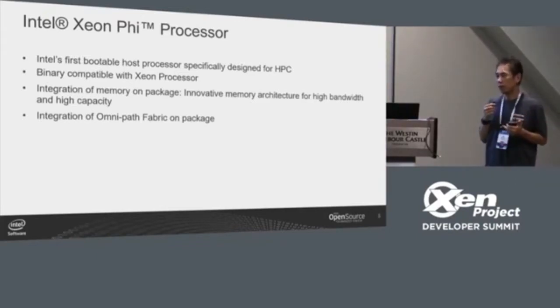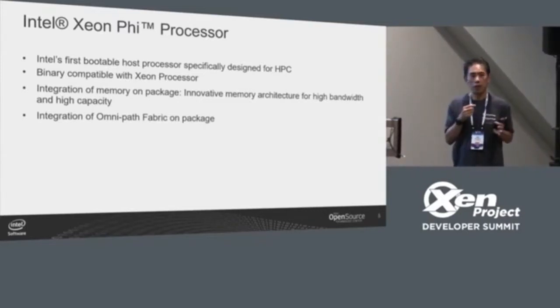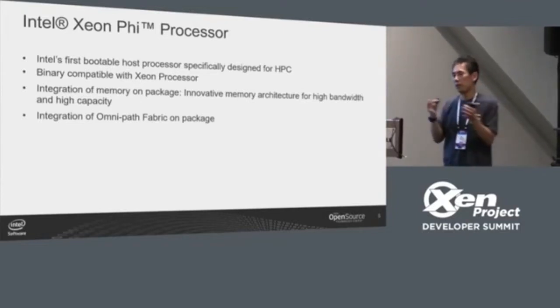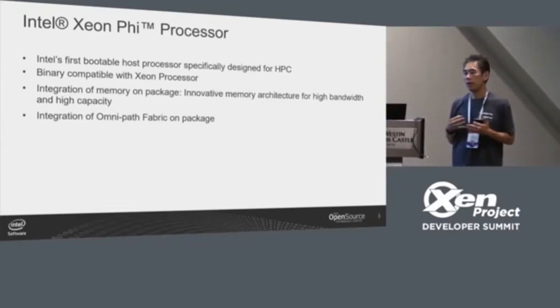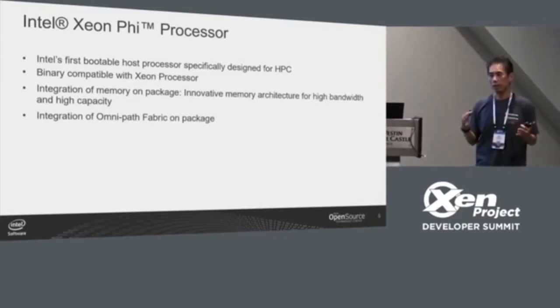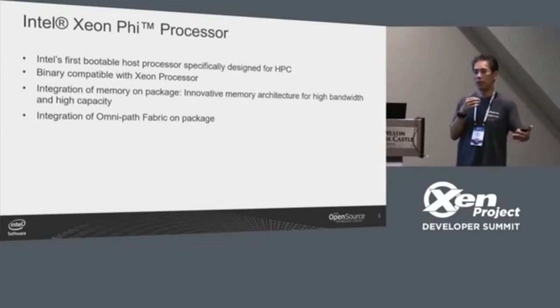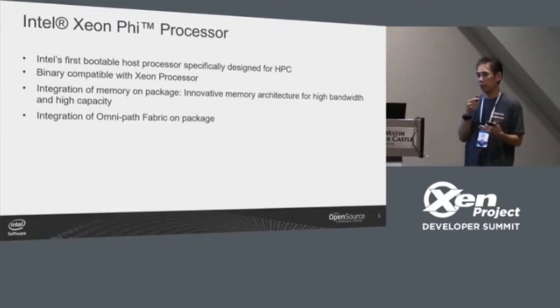One notable thing is that it's self-bootable. It used to work just as a coprocessor, like a graphics card you put into the PCI slot. In terms of computing, it's a separate entity: you need to copy the data sets to the coprocessor, and once the computation is done, you get the results back. However, now the Xeon Phi itself can run an operating system, and you can run applications in it.